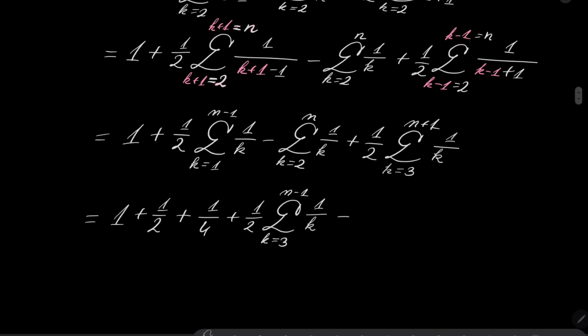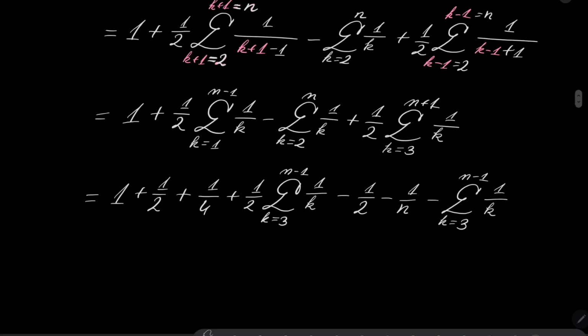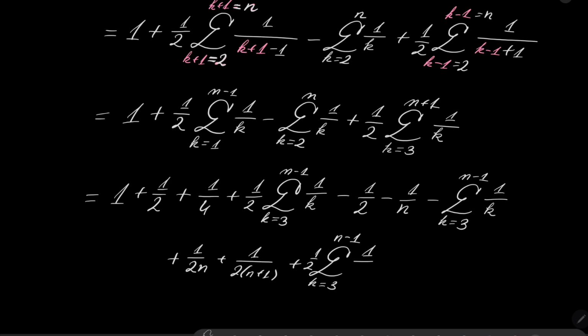From the second sum, I will take k equals 2 apart. I will take also 1 over n apart. And I will have the sum going from k equals 3 to n minus 1, 1 over k. And finally, from the last sum I will put 1/2 times 1 over n, and 1/2 times 1 over n plus 1 apart. And I will have the sum going from k equals 3 to n minus 1, 1 over k.